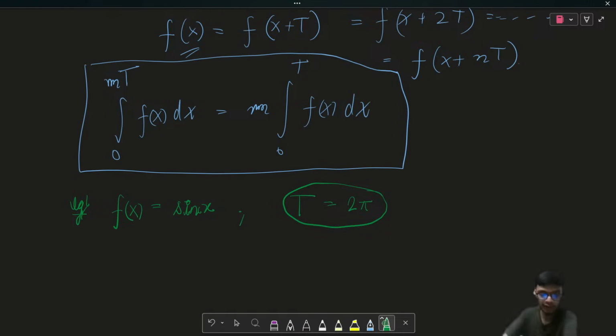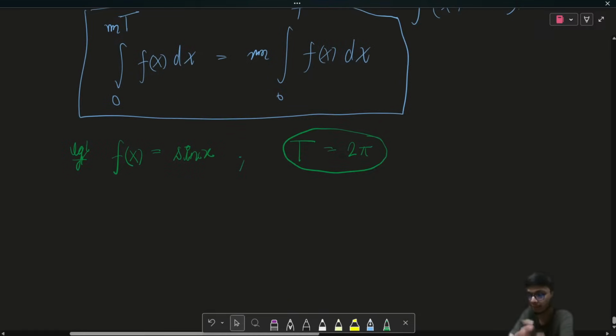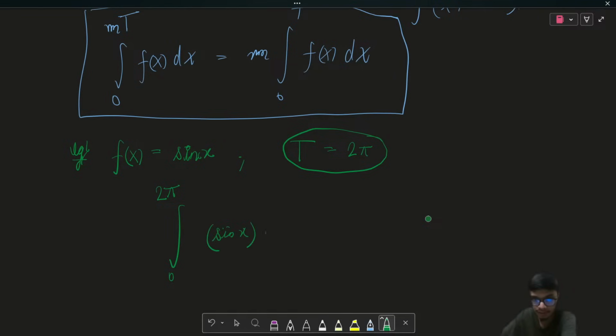Now it is a very important result, please remember this. When I integrate sin x dx from 0 to 2 pi, you know the curve is like this, so at pi it is going to be 0, and at 2 pi again it is going to be 0.